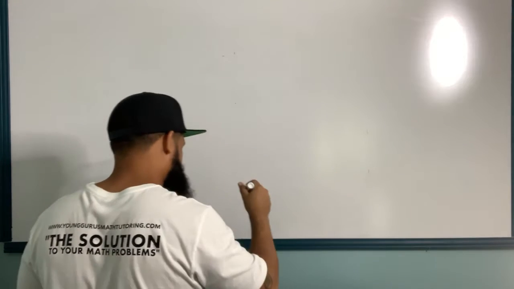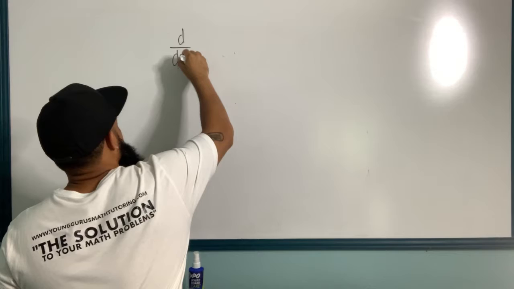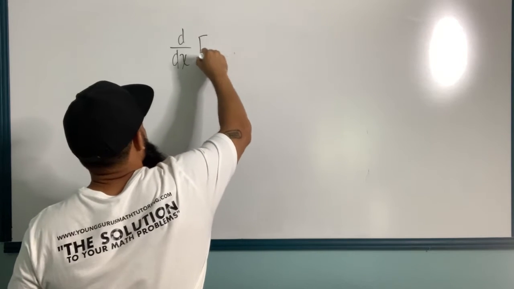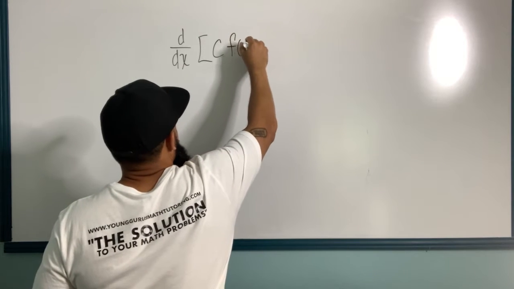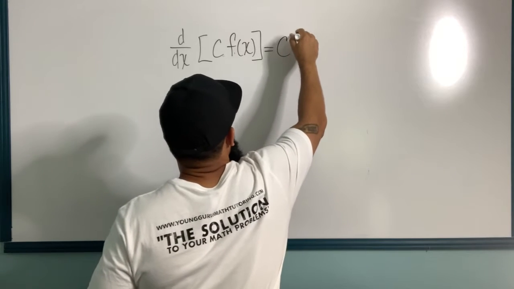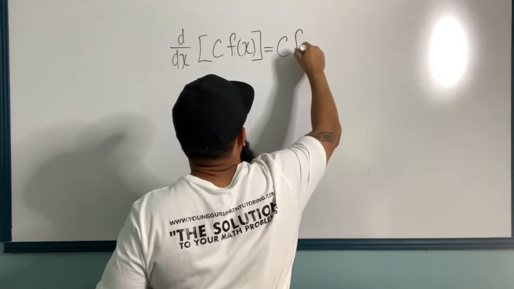What the constant rule says is, if I have the derivative, which is d/dx of c times f of x, right? Then that's equal to c times the derivative of f of x.